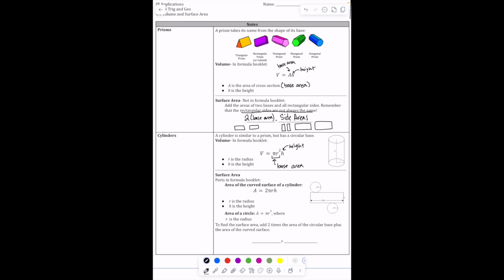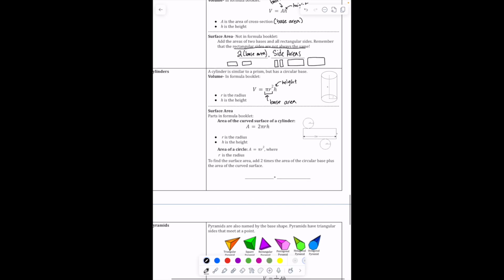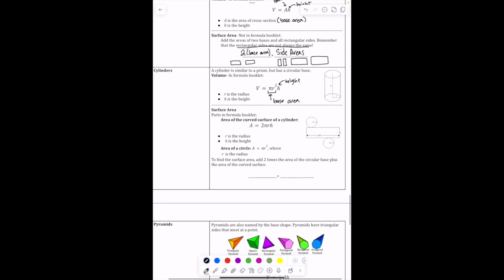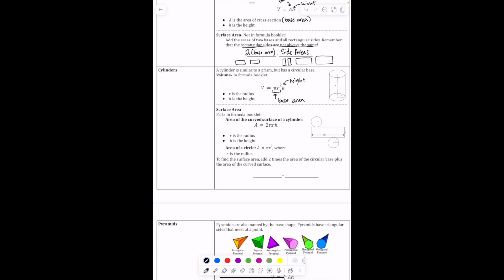And for surface area of a cylinder, similarly, it's not going to be in the formula packet completely, but what you will get is parts of it. So you'll get the area of the curved surface of a cylinder, so that would be like this part here. When we unwrap a cylinder, it will be a rectangle and then 2 circles.